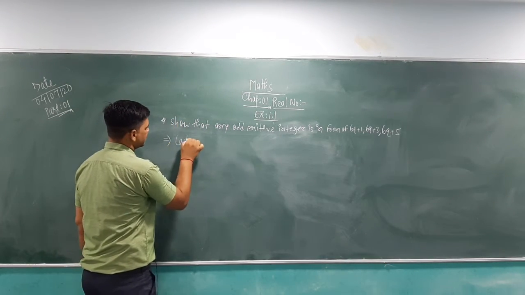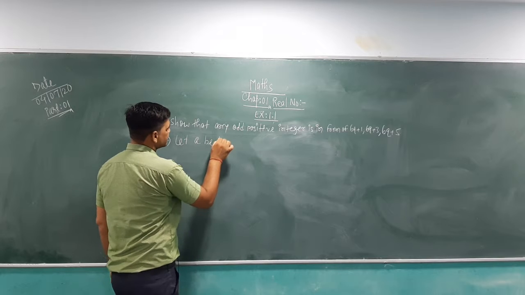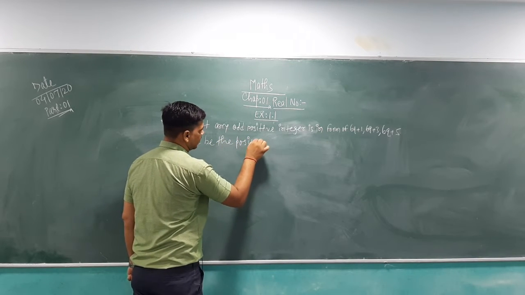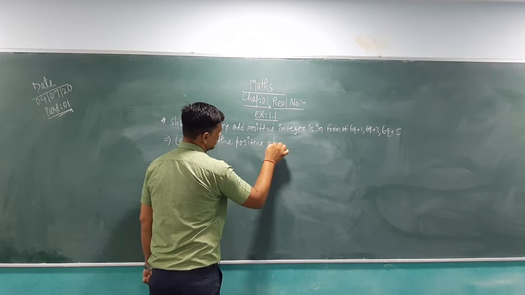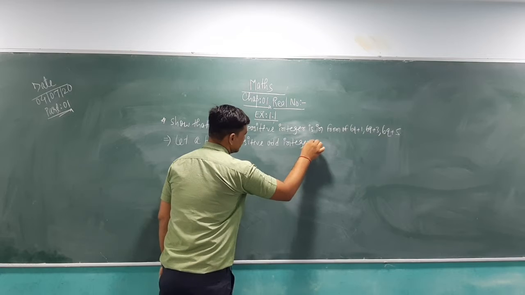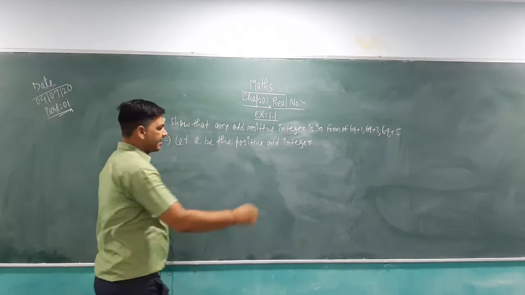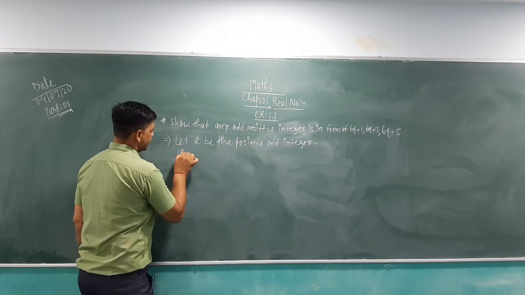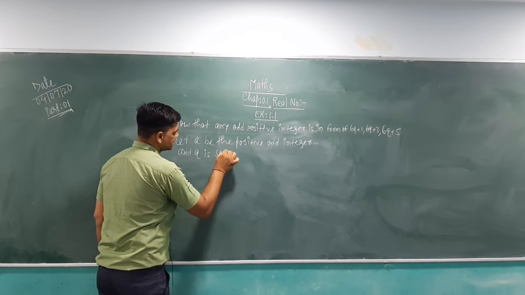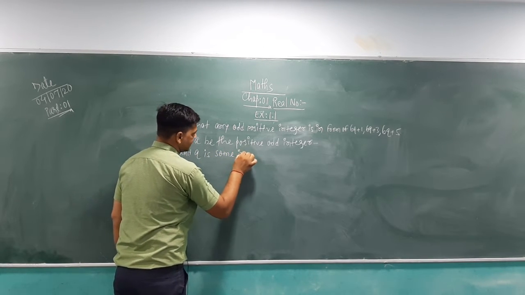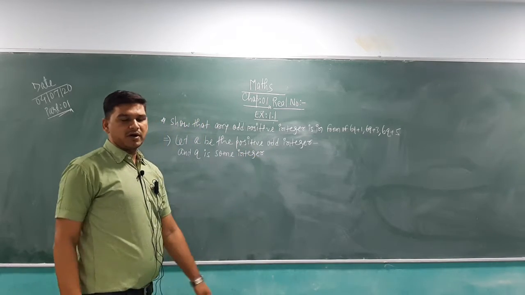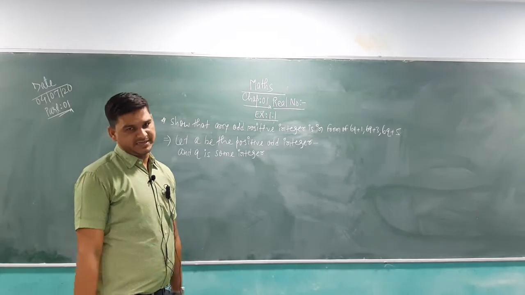So let a be the positive odd integer and q be some integer.